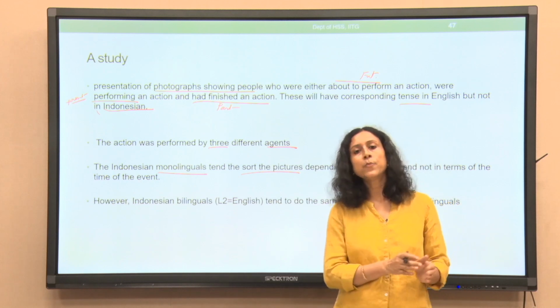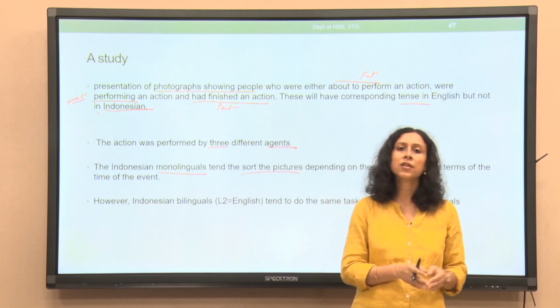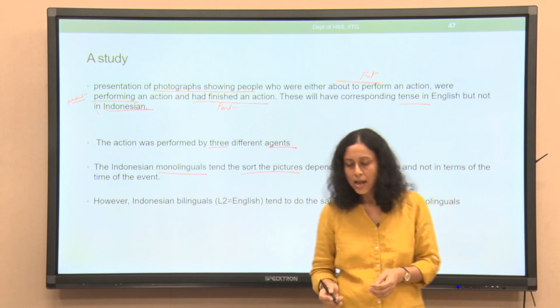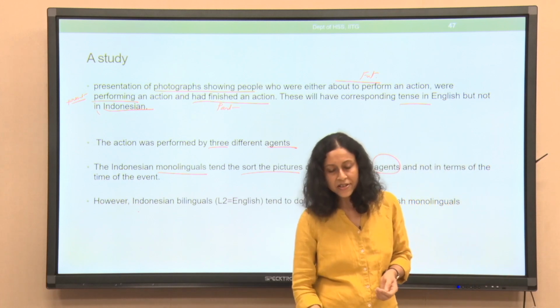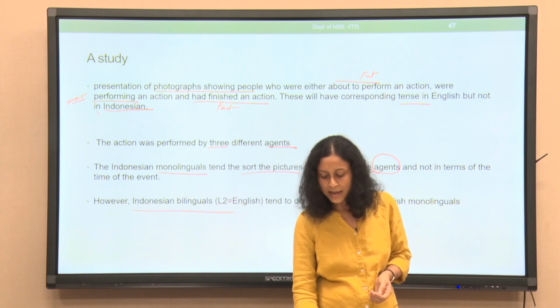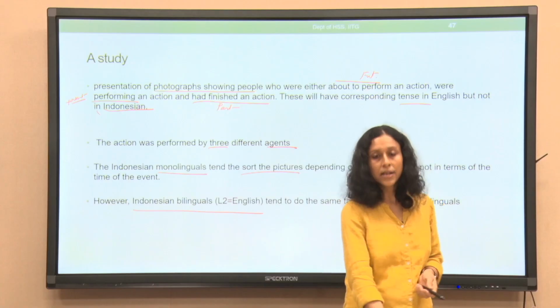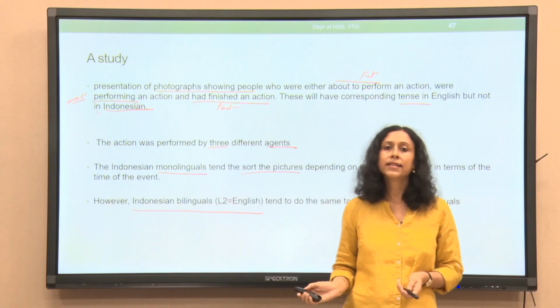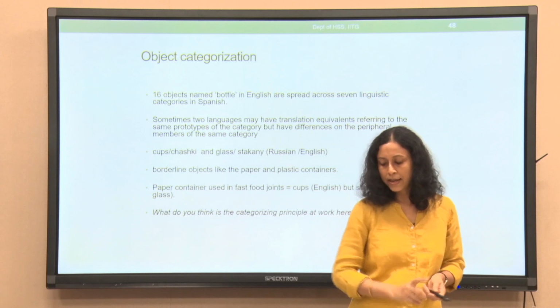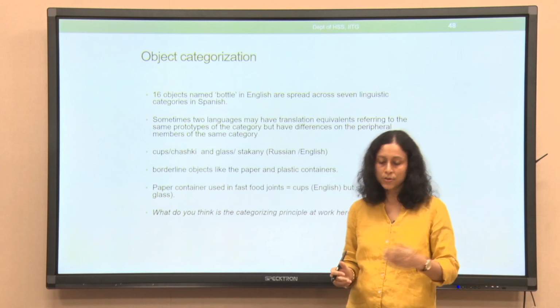So all the yellow jersey wearing footballers went into one group, and so on. However, the interesting aspect was that Indonesian bilinguals who had English as their second language tended to sort the pictures like an English speaker would, in terms of the tense that you would use to describe this.